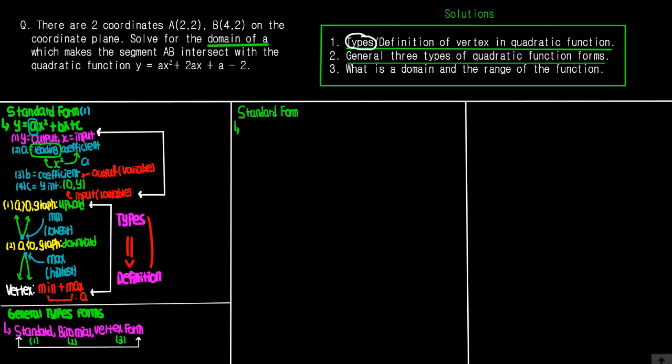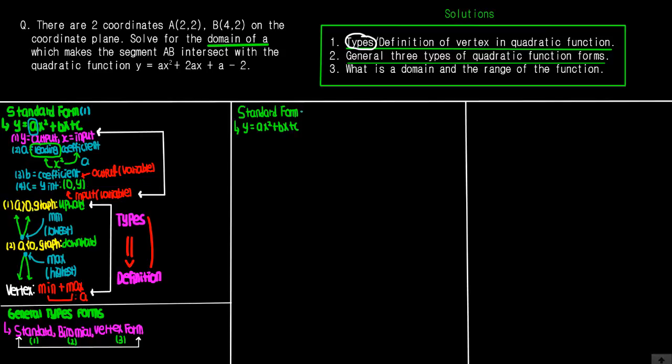Firstly, let's think about the standard form, which is the most basic format of the quadratic function. The format is y equals ax squared plus bx plus c, as we have talked about.